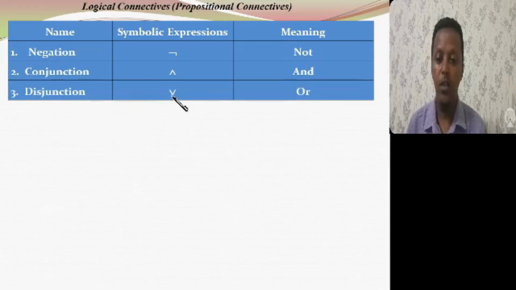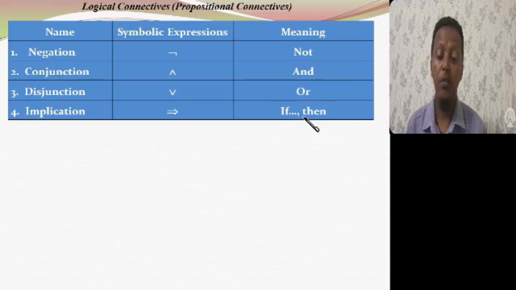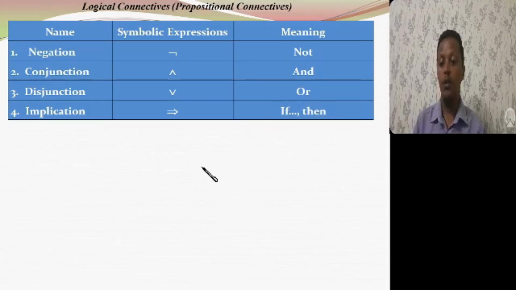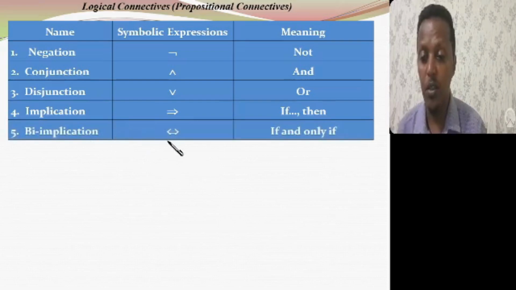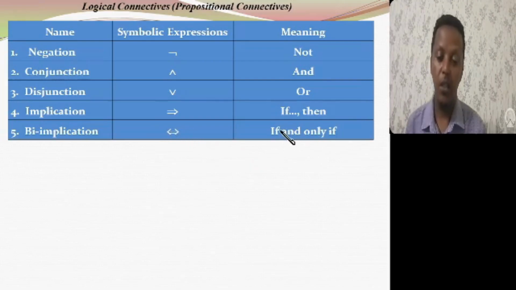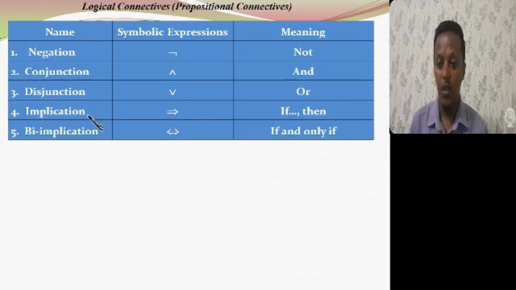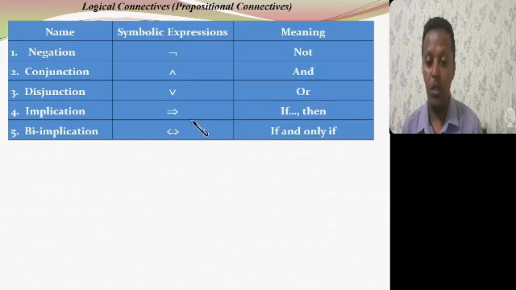The third, disjunction, is capital V, and the meaning is or. Implication, this symbol in logic, represents implication, and the meaning is if then, the conditional statement. The fifth one is biimplication. By implication we mean both left to right and right to left, we have 2 implications, and the meaning is if and only if. So these are the 5 logical connectives in propositional logic.